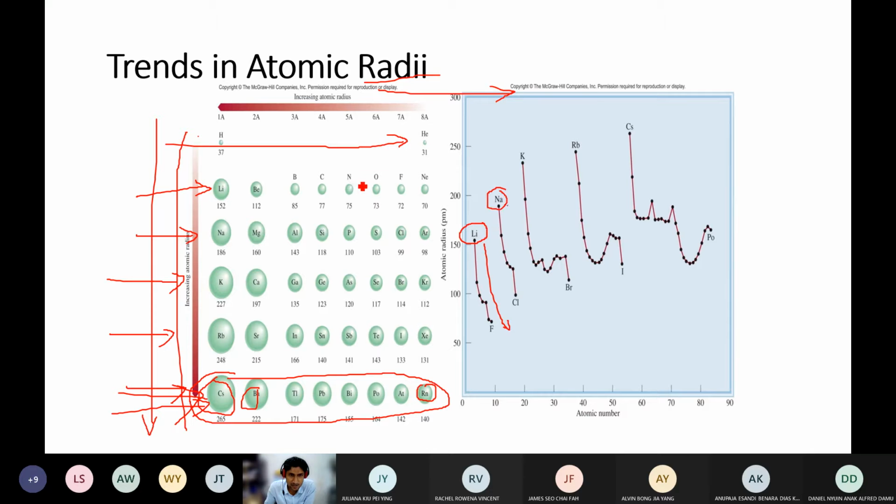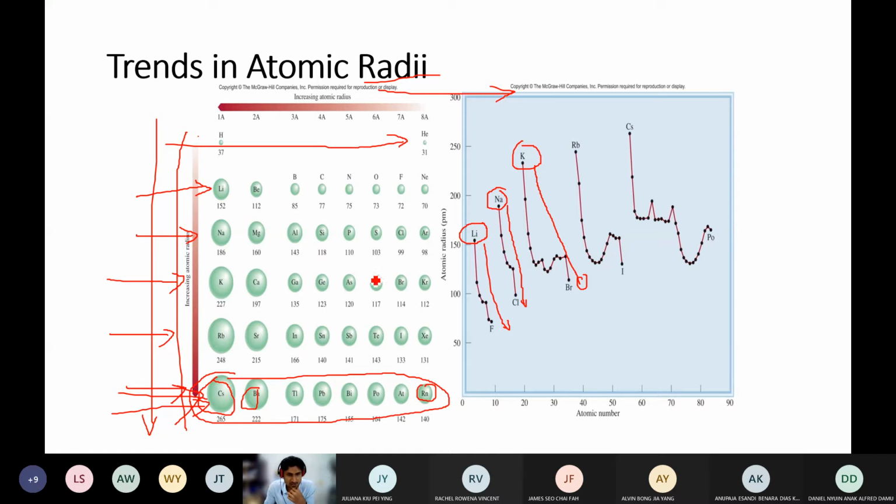Sodium goes to chlorine, its size is reducing. Potassium going to bromine, the size is reducing in this way. So this is the same thing.